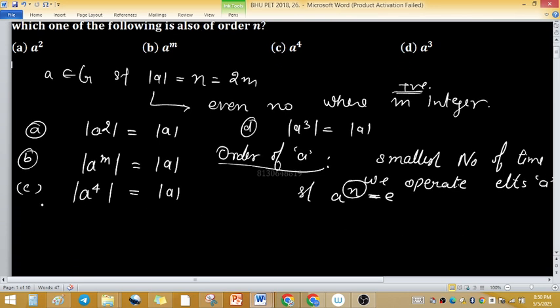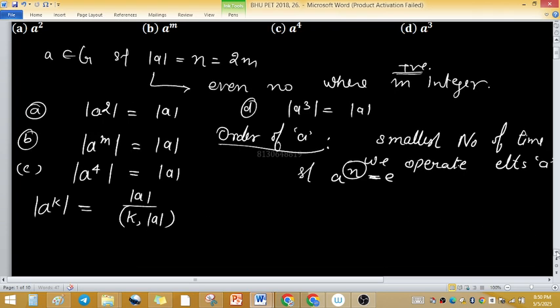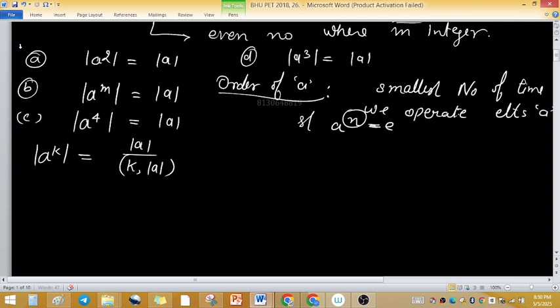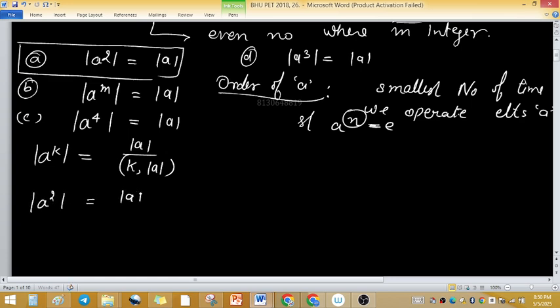Before solving this problem, we recall a very important formula: the order of A raised to the power k is the order of A divided by the GCD of k with the order of A. The first option says the order of A square equals the order of A, and the order of A is 2m.